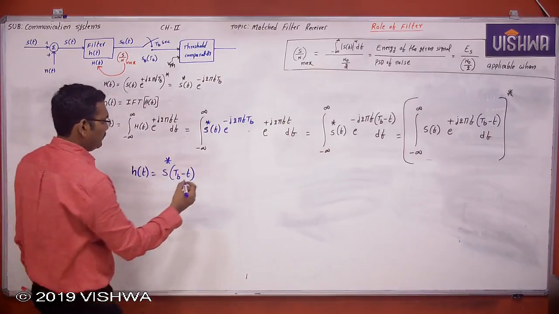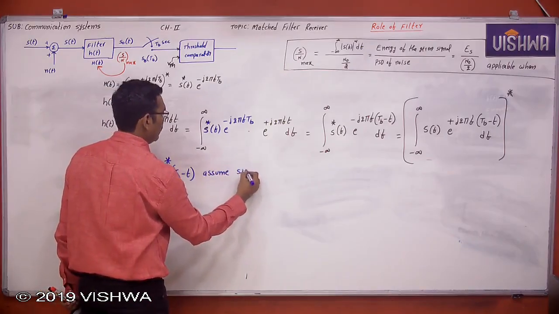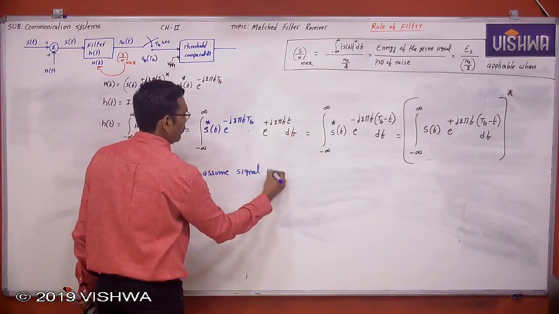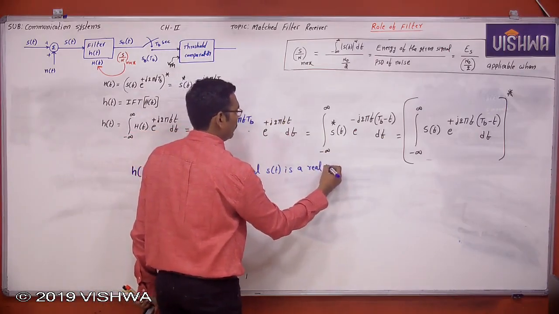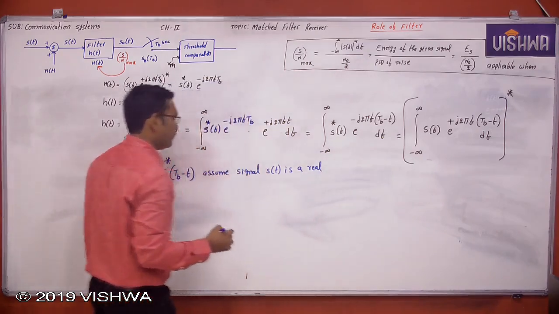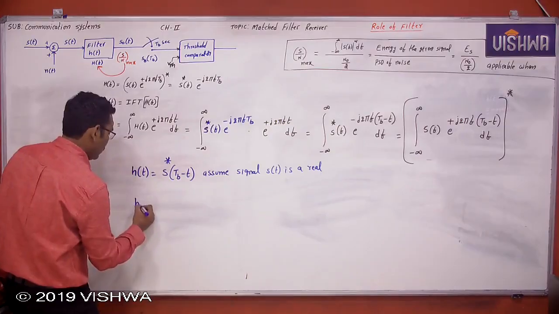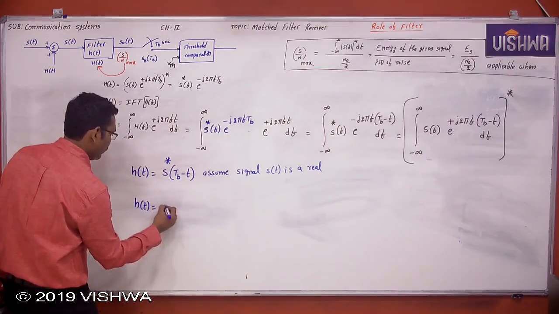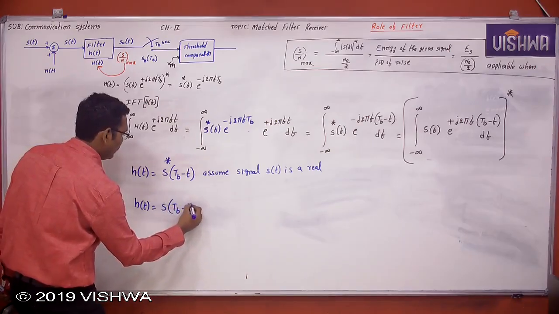If we assume the signal s of t is a real function, then no complex conjugate is required. So h of t is equal to s of (tb minus t).